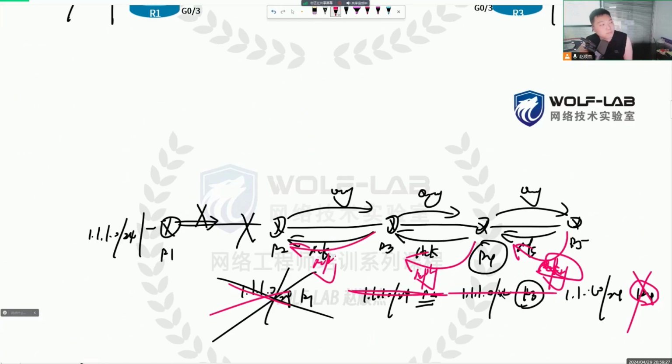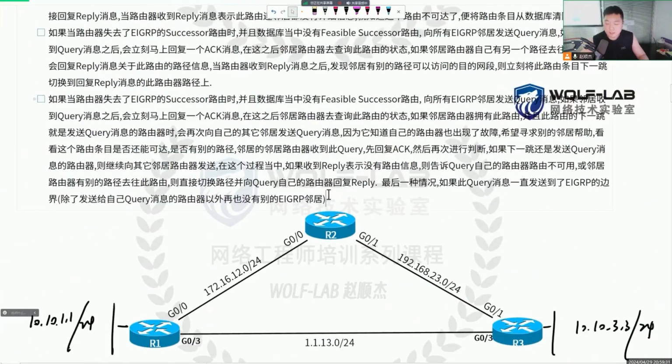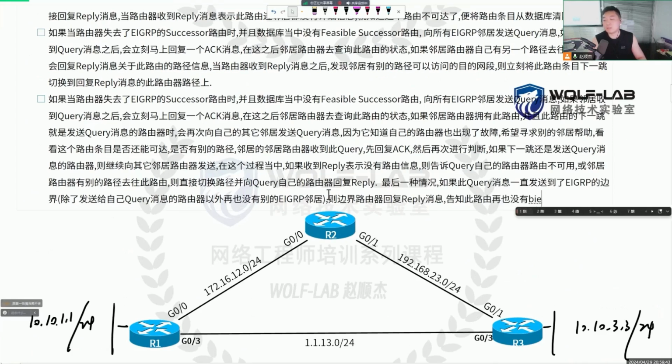Yes, there are no other paths. The router that received the reply message finally knows the route entry has no other paths, so it deletes the database entry and continues to send a reply to the previous router. After such forwarding and confirmation, all routers know this route is no longer available and remove it from the database.